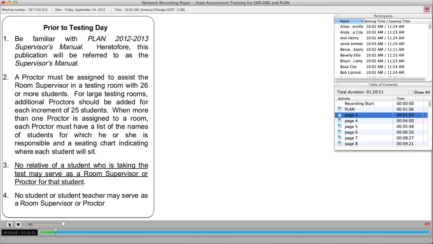And no student, student teacher, or student intern may serve as a room supervisor or proctor. Those people are excellent, though, to have as hall monitors to assist you if students have to leave the room for any reason, or if you have room supervisors who need to contact the building test coordinator. So those are good training sessions for them.